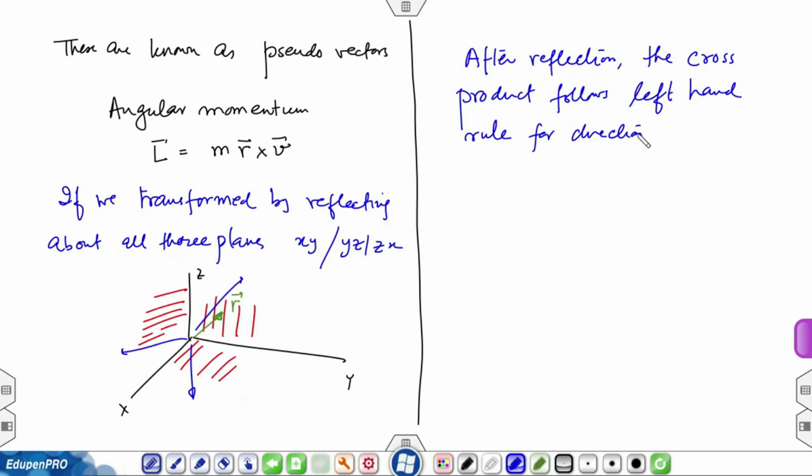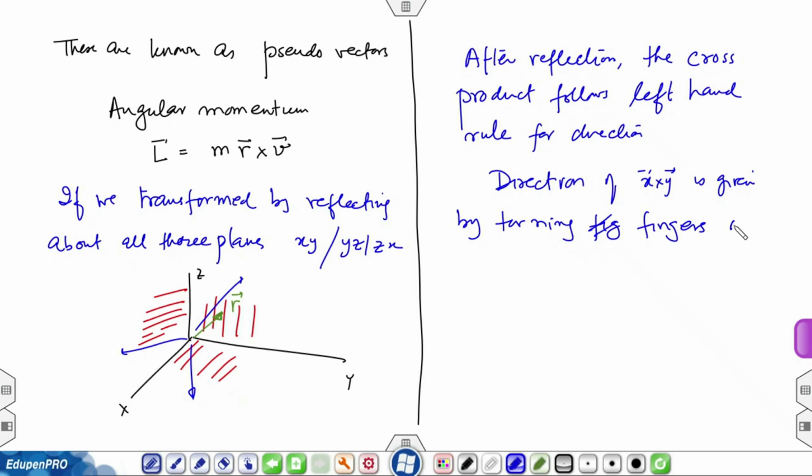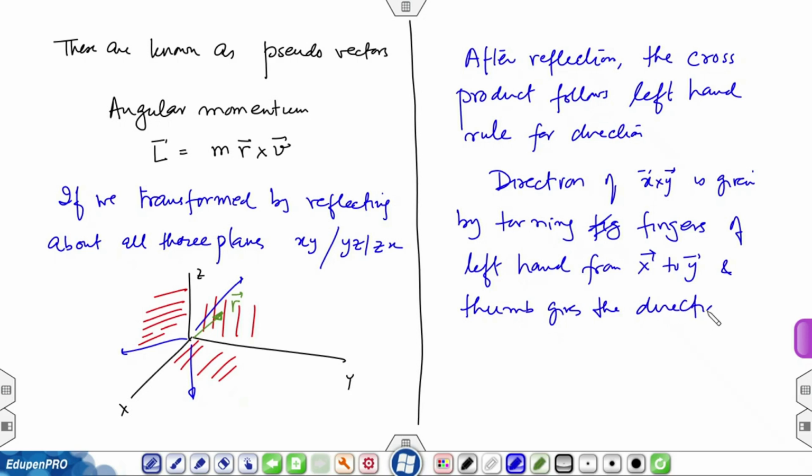That is, direction of x cross y is given by turning fingers of left hand from x to y and thumb gives the direction of x cross y.